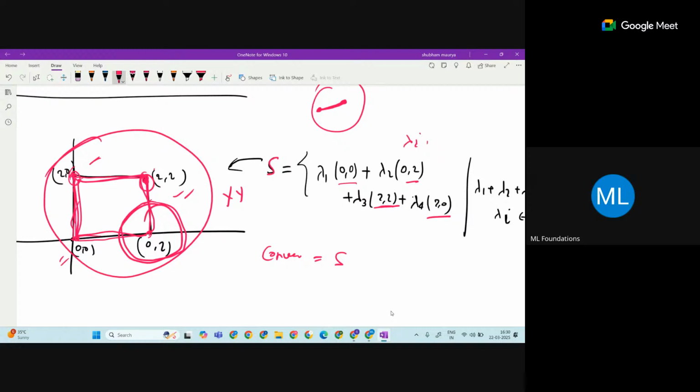This region contains all points, a circle contains all points, but this is the smallest region which contains all points. Only the rectangle is going to be the smallest one, meaning the intersection of all possible convex sets. This is going to be the smallest one which contains all these 4 points.